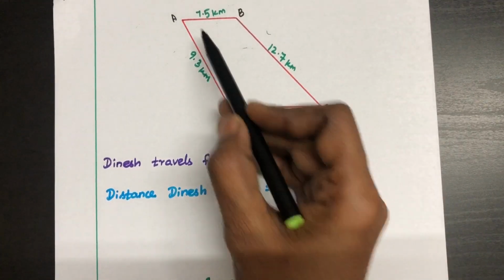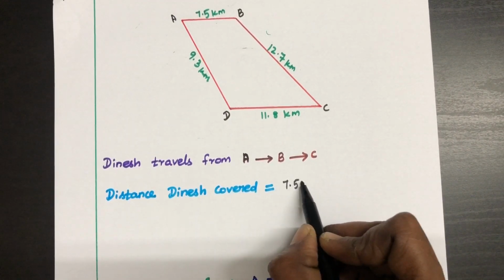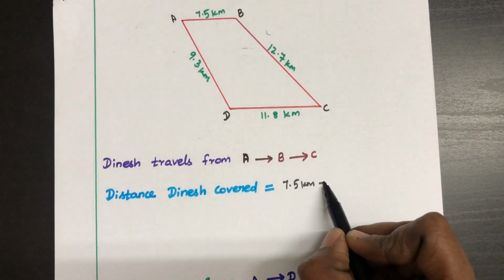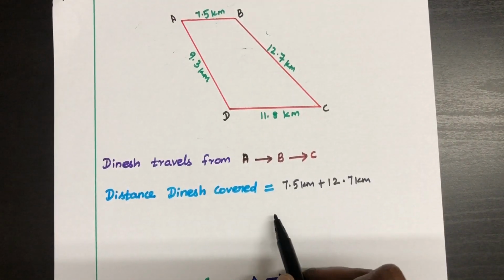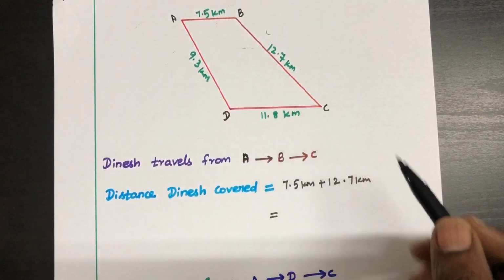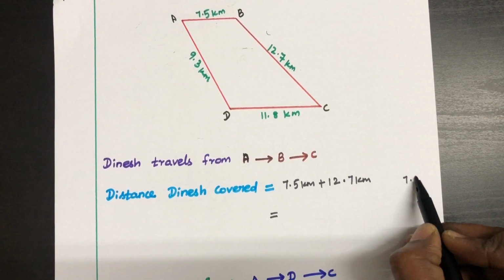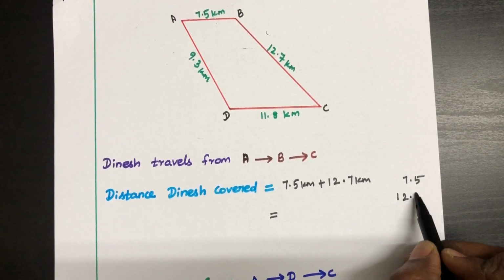Dinesh travels from A to B. A to B is 7.5 km. From B to C, it is 12.7 km. So distance covered, if we add these two, we will get our distance. See, 7.5 added with 12.7.